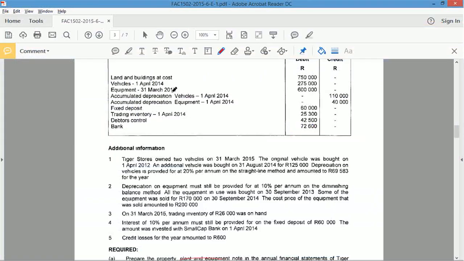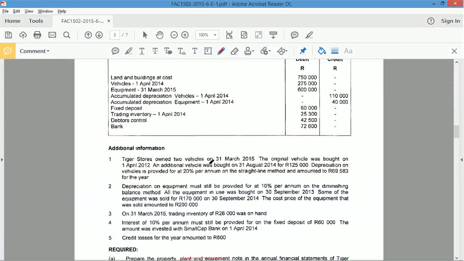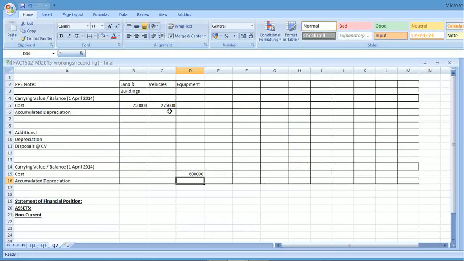Next, equipment, 31st of March. So if we've got 31st of March, that means this is the closing balance of 600,000 for equipment. Then we've got accumulated depreciation vehicles 1st of April, and accumulated depreciation equipment 1st of April. So these are both opening balances, 110 and 40.